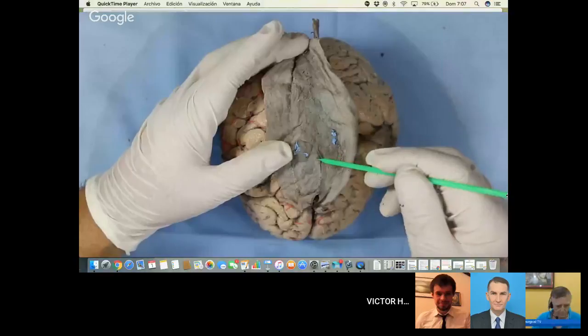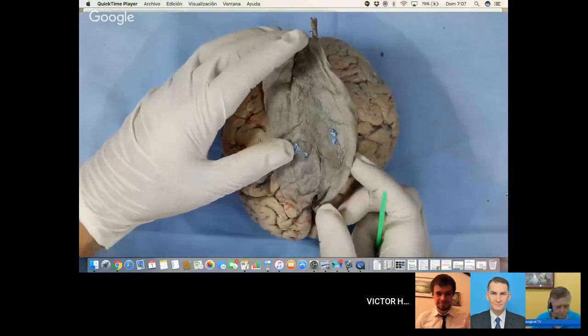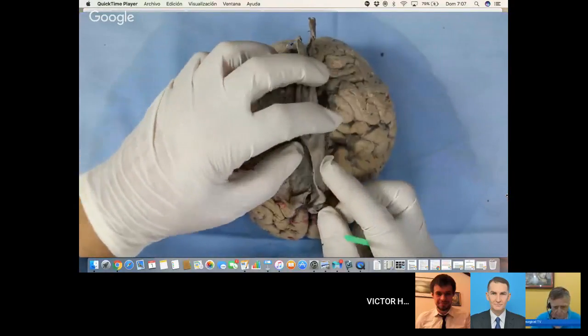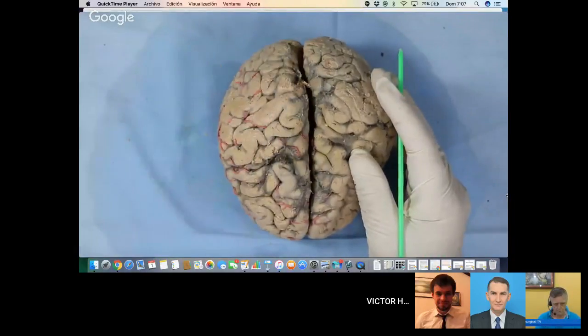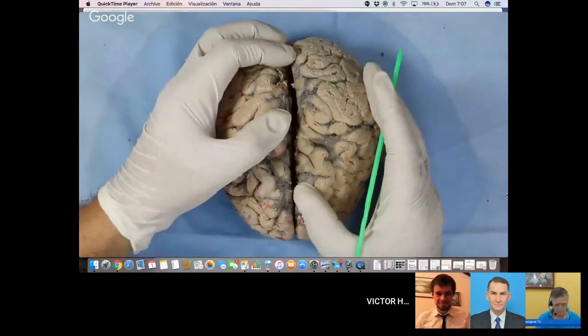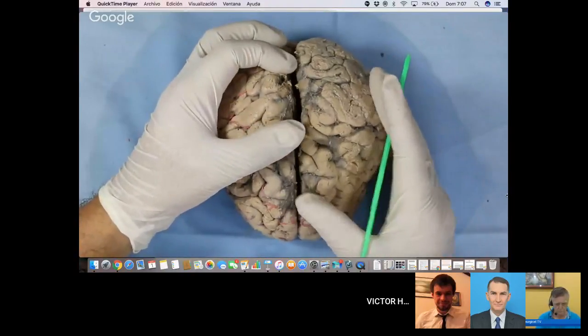Okay, this is the sagittal sinus. If I remove this dura mater, I can see the longitudinal fissure.